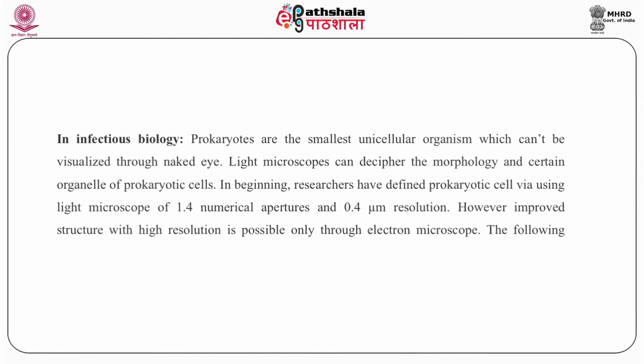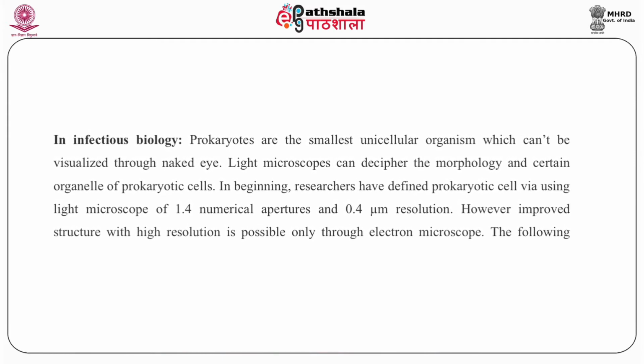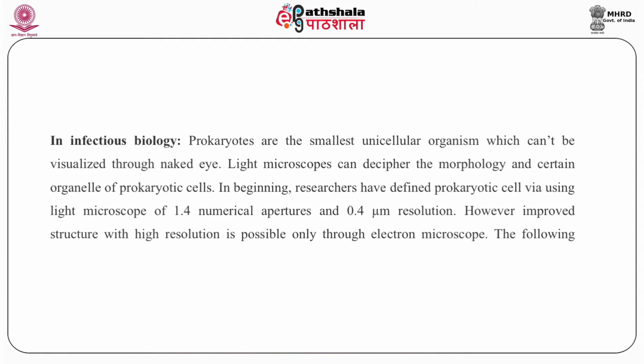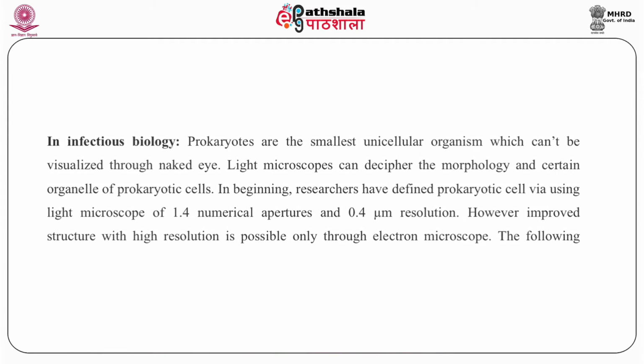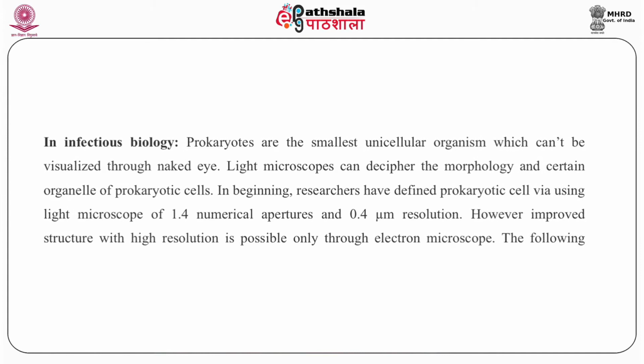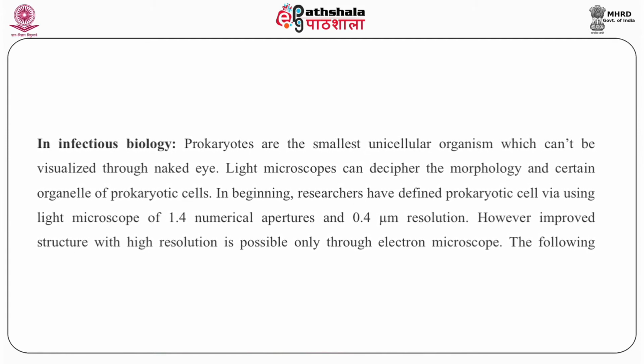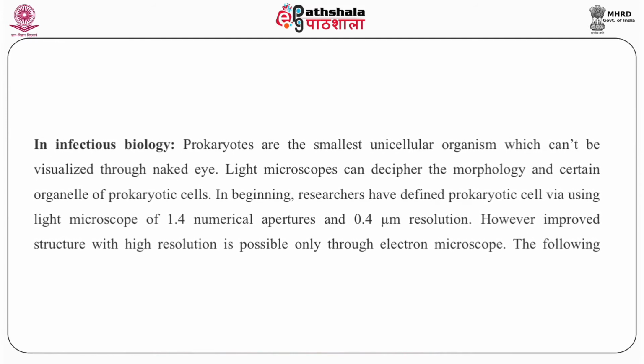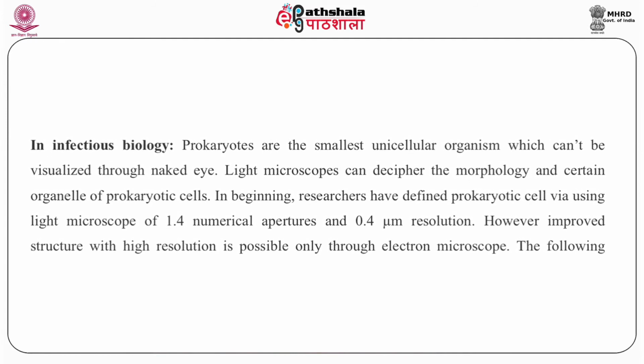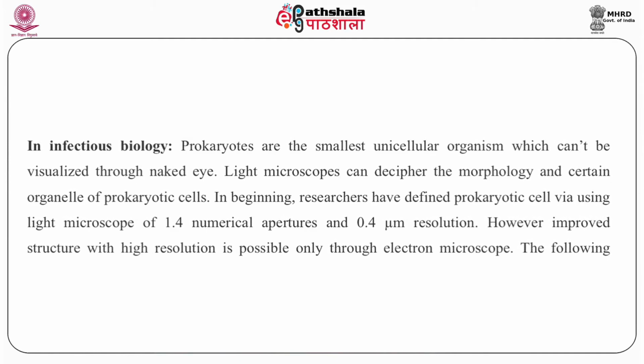But light microscopy can decipher only the morphology of certain small cells, but not the internal organelles. Initially, what we used to do was to see the prokaryotic cells using a light microscope with a 1.4 numerical aperture and about 0.4 nanometers resolution.